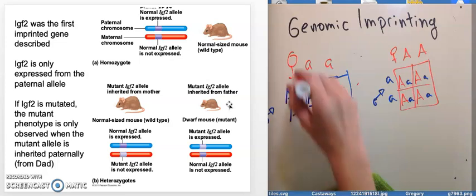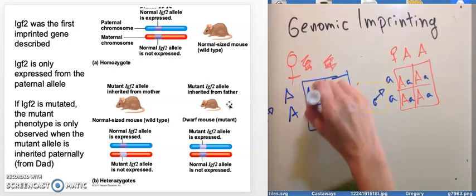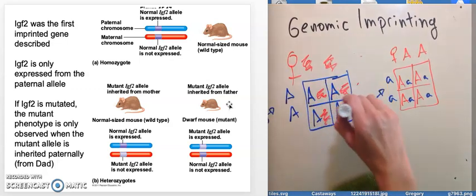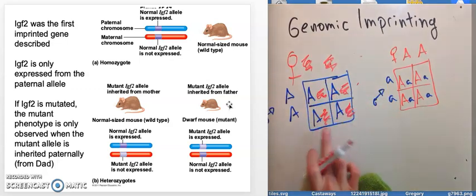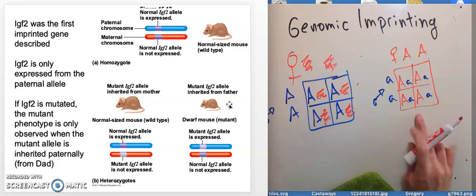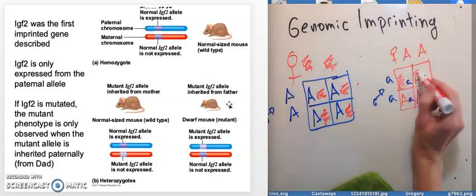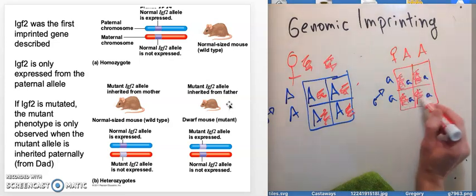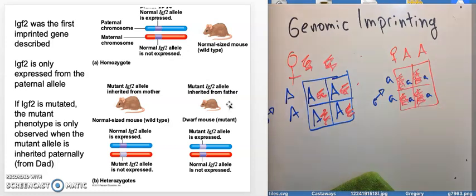And what that means is whatever copy of the gene you get from your mom is actually shut off. And so even though these guys were heterozygous, they were only expressing the allele from their dad. But when it was inherited this way, the copy that they got from their mom was shut off, and that was the dominant allele, so they had the recessive phenotype.